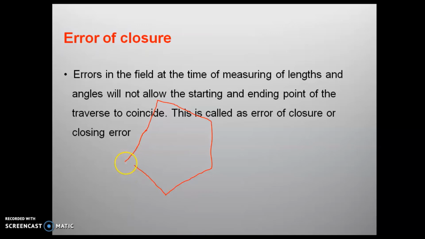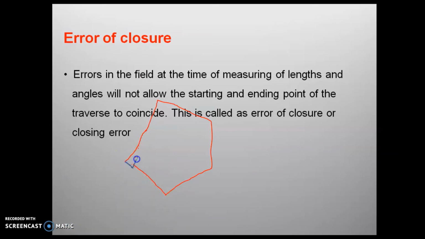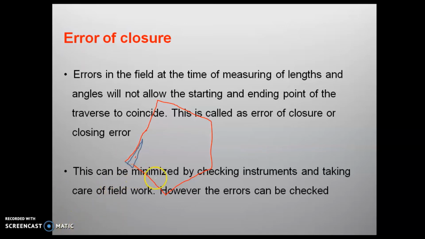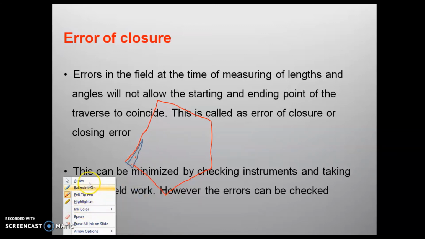It goes like this, and this portion, in another color, is nothing but the closing error. The closing error's length and bearing can be calculated. This can be minimized by checking instruments and taking care of field work, especially the back bearing and forward bearing.